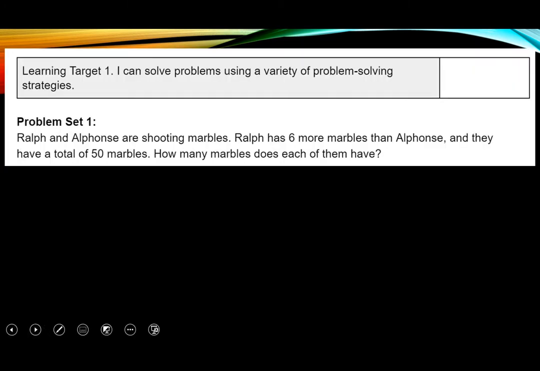All right, we have our learning target number 1. Here we have Ralph and Alphonse, and they're shooting marbles. Ralph has 6 more marbles than Alphonse, and they have a total of 50 marbles. How many marbles does each of them have? All right, so here we got to set up an equation, and we know that an equation is going to be something equal to something. Well, here I'm going to have my total on one side of the equation, which is 50 marbles, and then I have to think about how can I represent what Alphonse and Ralph have.